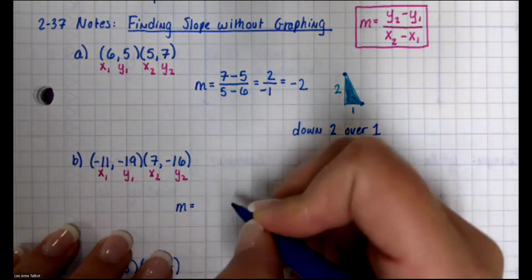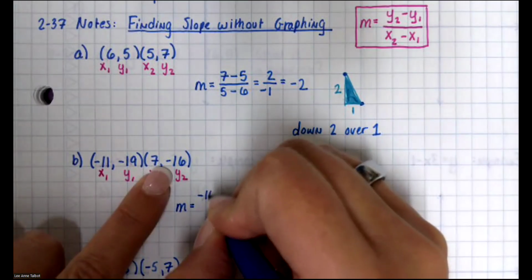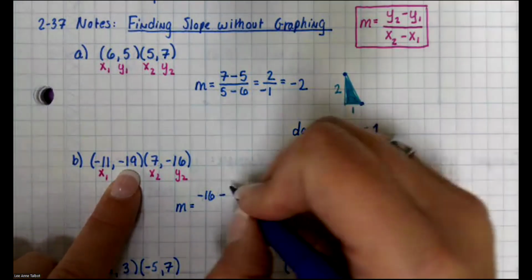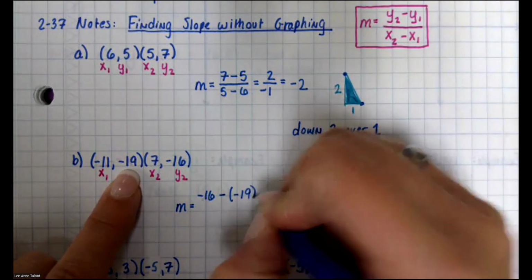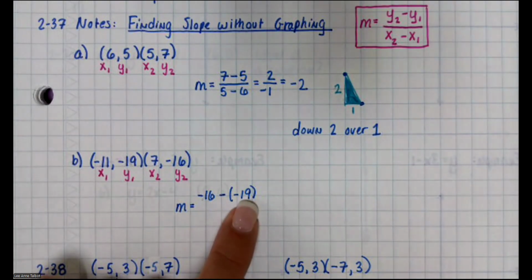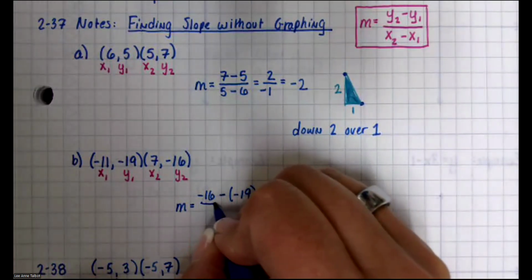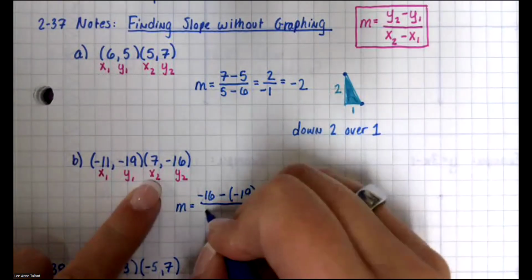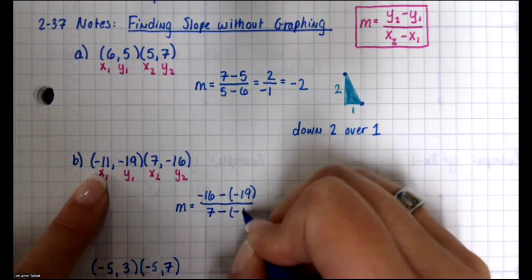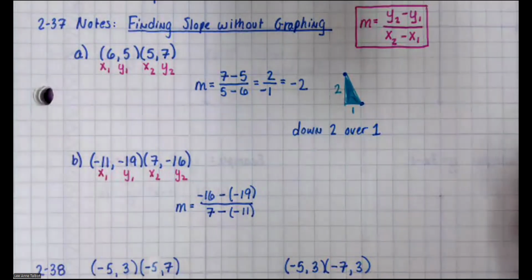Slope equals y2 minus, okay, now we have a negative here. I highly suggest you put that in parentheses. So y2 minus y1 over x2 minus x1.